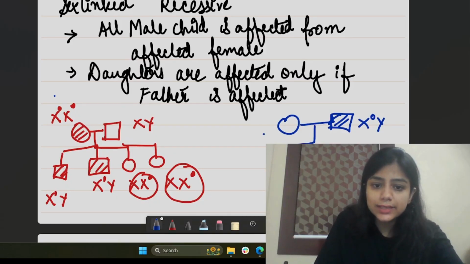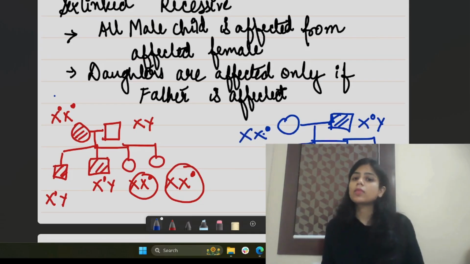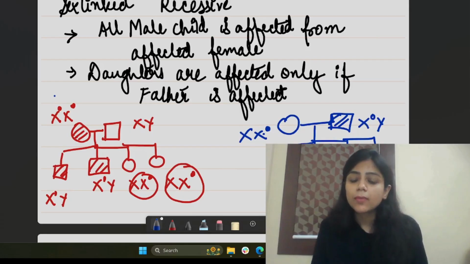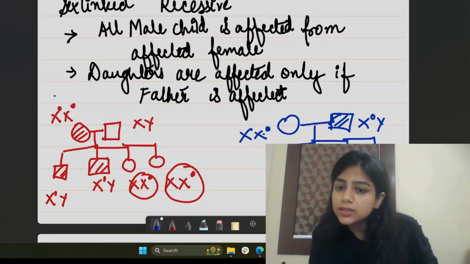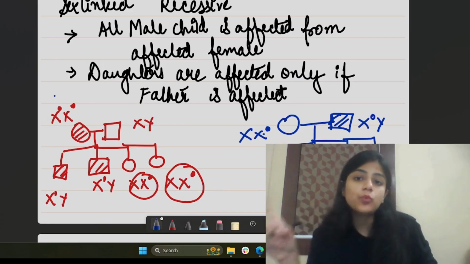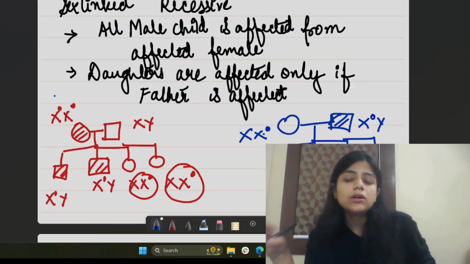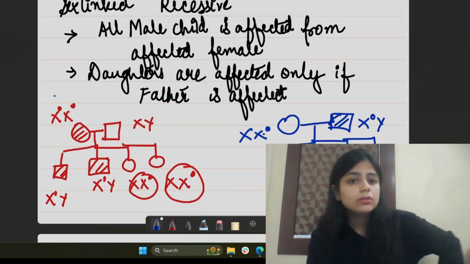However, when the result came, you got to know that one female child is affected and one is not. So what you can know from here is that one will be the carrier, and the other will be affected only when the father is affected.